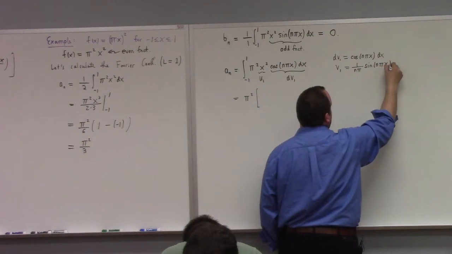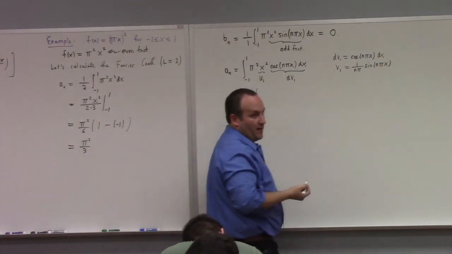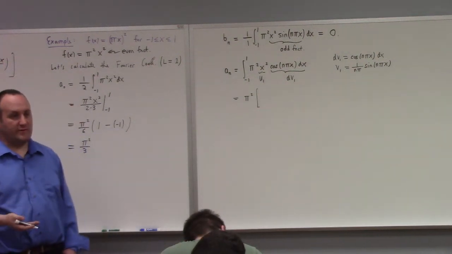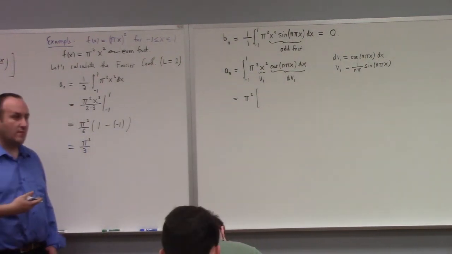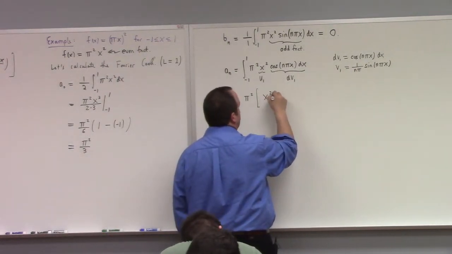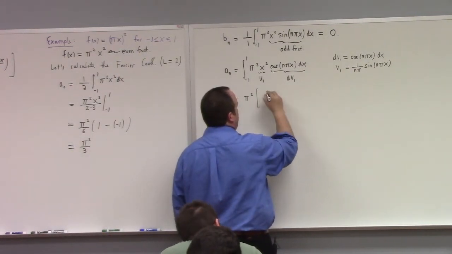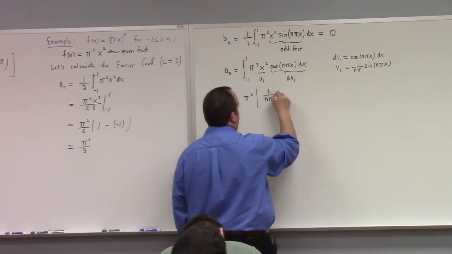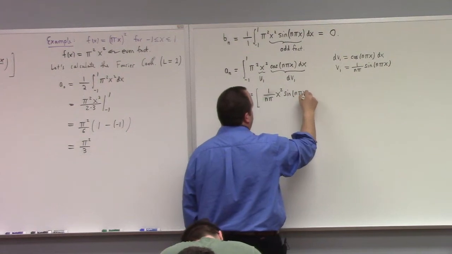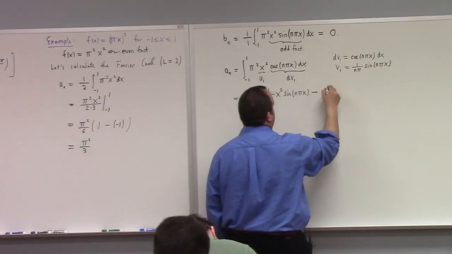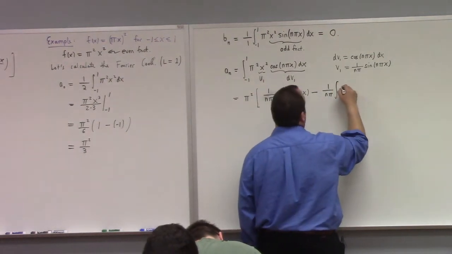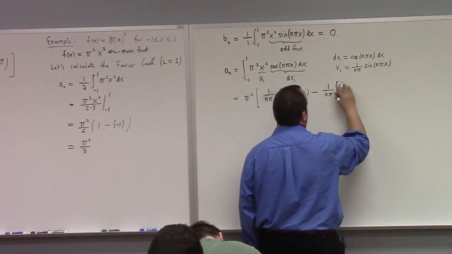I didn't miss a sign, did I? The derivative of sine is cosine, right? And I need the 1 over n pi because of the chain rule. So, great. I've got 1 over n pi, x squared sine n pi x, minus 1 over n pi integral of sine n pi x, well, let's say 2x.